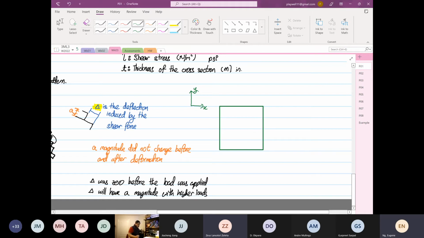So what we calculated, if I were to put the load P down here, when the P is applied over there, we have a shear force coming down this way.